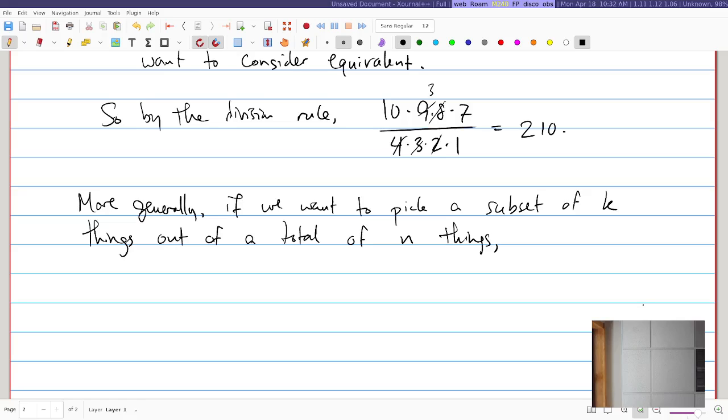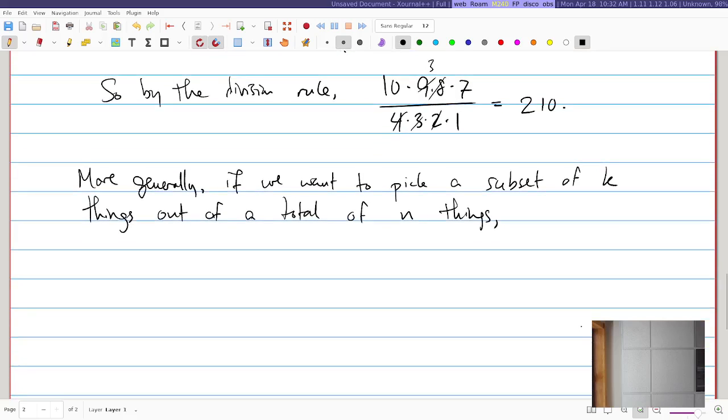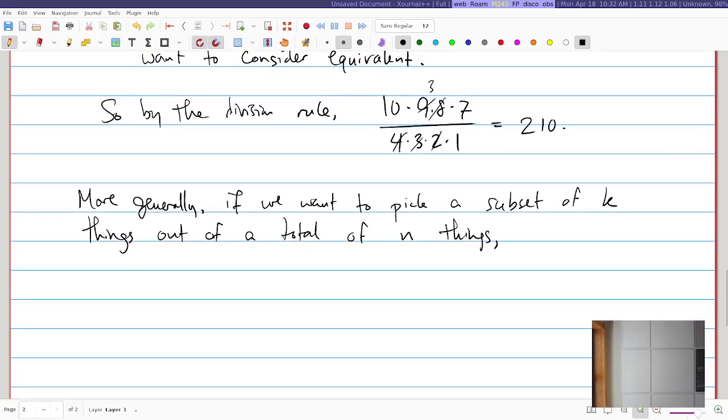First of all, we saw in last class or 2 classes ago, I don't remember, if we care about the order, then it's n times n minus 1 times n minus 2, but we don't go all the way to 1, we stop after we've done k things. We only want k.